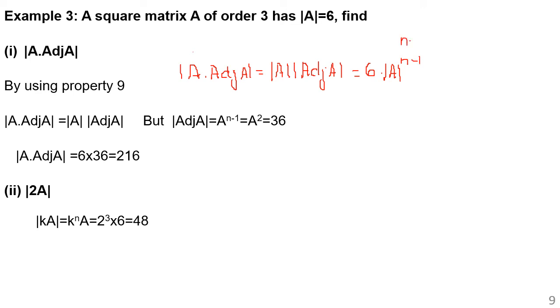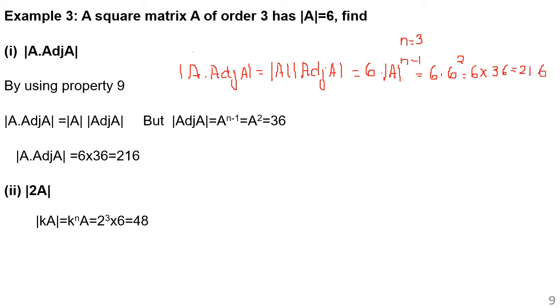Here n value is equal to 3, so this gives you 6 multiplied by 6 to the power 2. That is 6 multiplied by 36, that gives you 216.